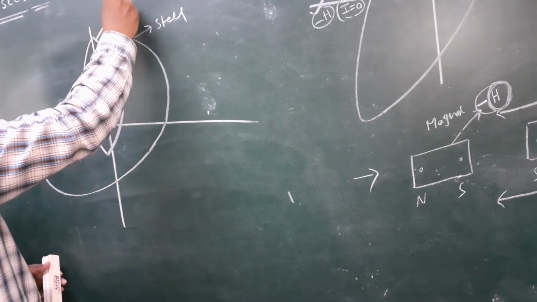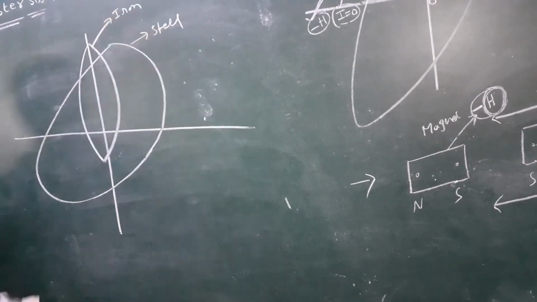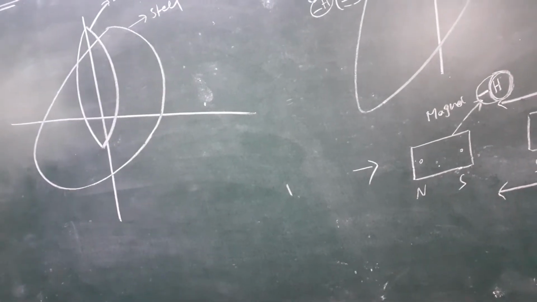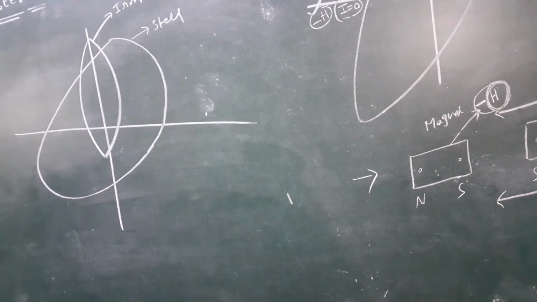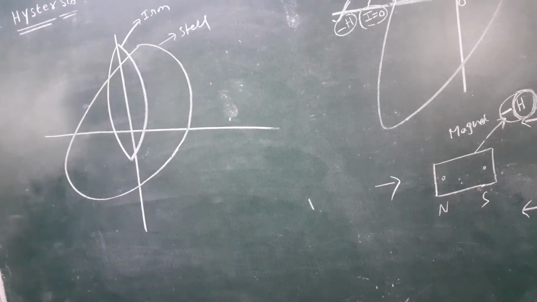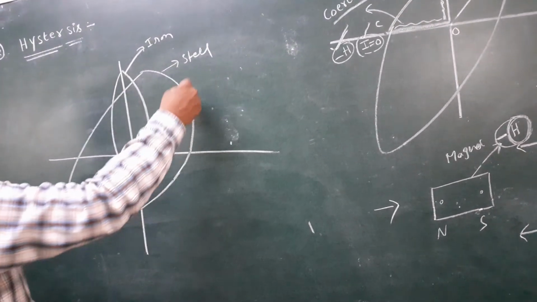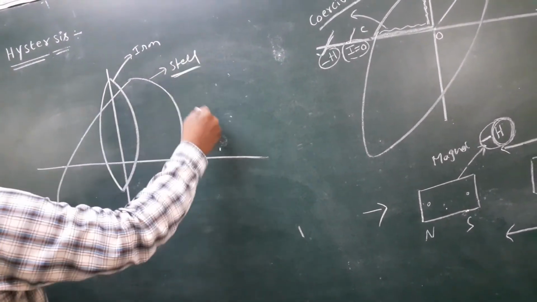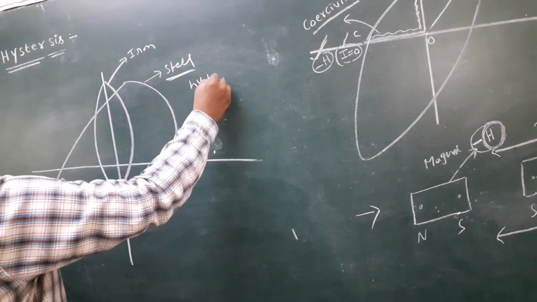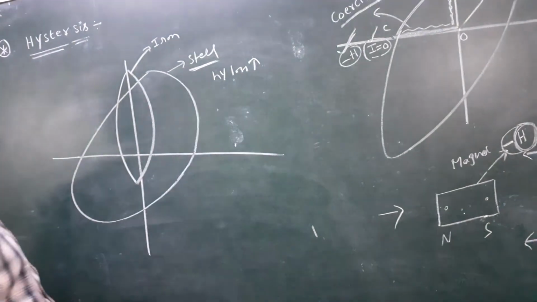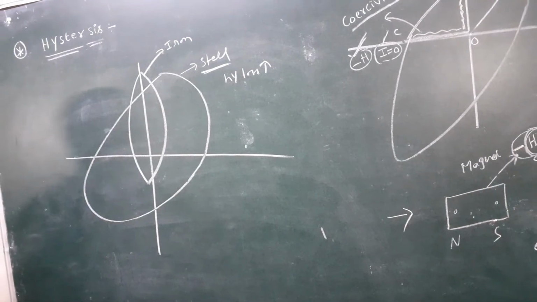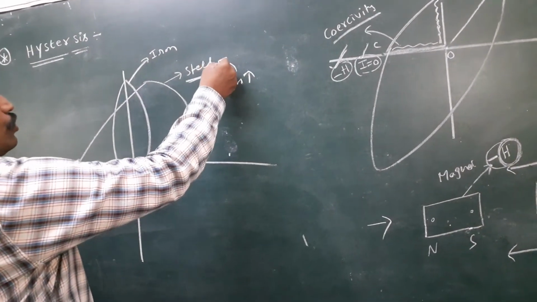This curve is nothing but iron. In these experimental loops, which loop has more area according to the diagram? This is the bigger loop, so automatically the steel area is more, and automatically the hysteresis loss is also more. That means energy loss in steel is more.